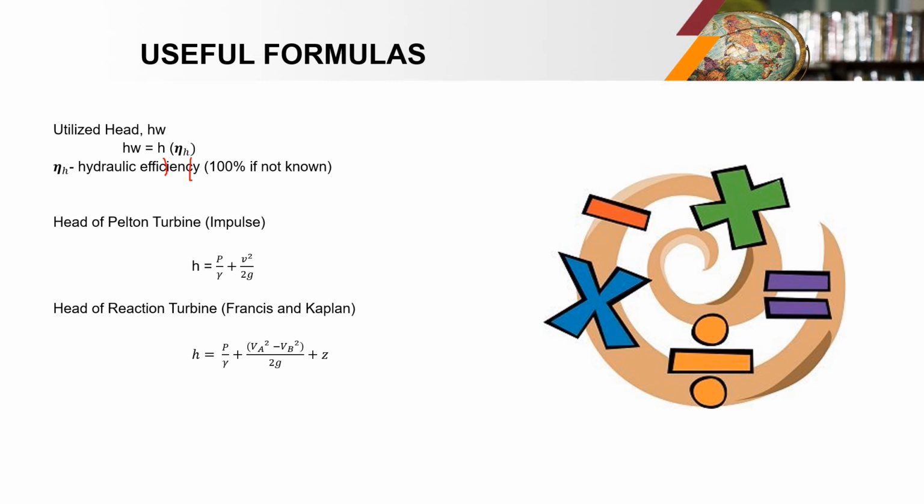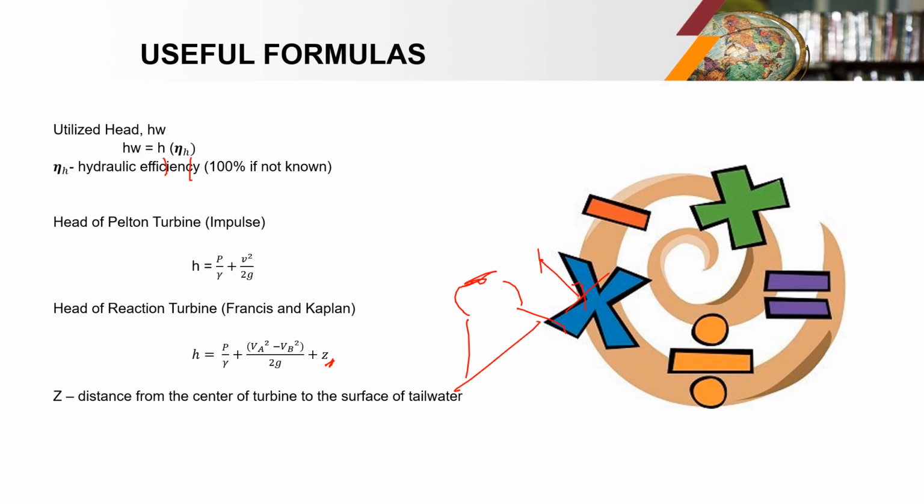Over 2G plus Z. So Z is the distance of the center of the turbine from the surface of the tailwater. Kung ito yung turbine natin and ito yung tailwater, yung center ng turbine natin hanggang tailwater, that is the Z.